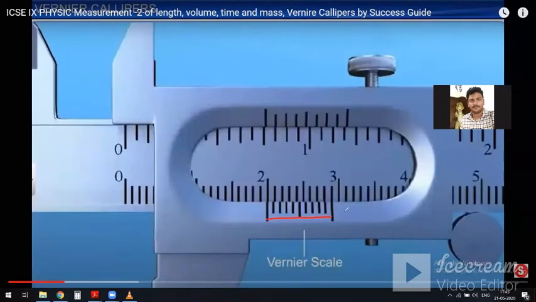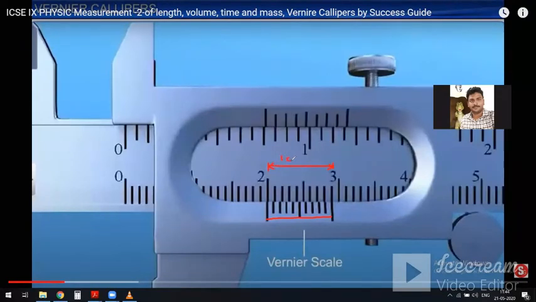This vernier scale can slide over the main scale, and you can see here the distance between 2 and 3 on the main scale. This distance is how much? It is just 1 centimeter.